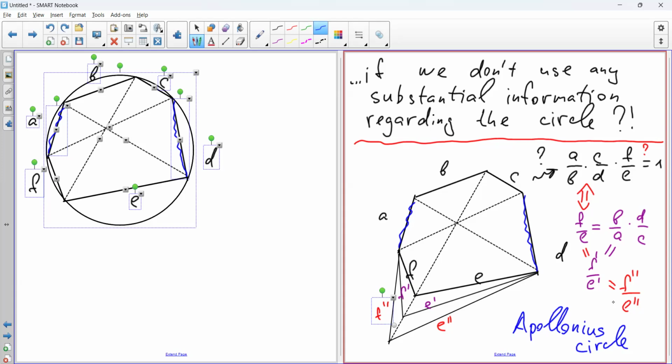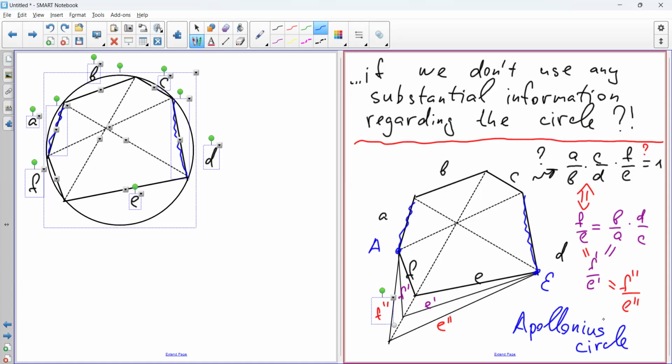Exactly as we have in this part of the problem. So let it be A and E, so that AX over XE is fixed, and we have 3 different positions.